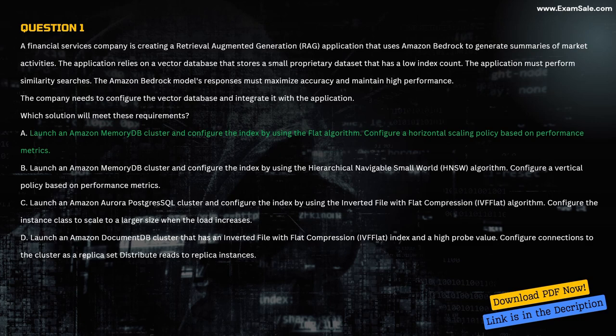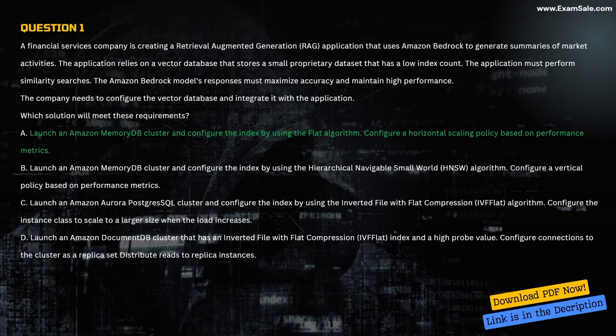A. Launch an Amazon MemoryDB cluster and configure the index by using the FLAT algorithm. Configure a horizontal scaling policy based on performance metrics. B. Launch an Amazon MemoryDB cluster and configure the index by using the Hierarchical Navigable Small World (HNSW) algorithm. Configure a vertical policy based on performance metrics.